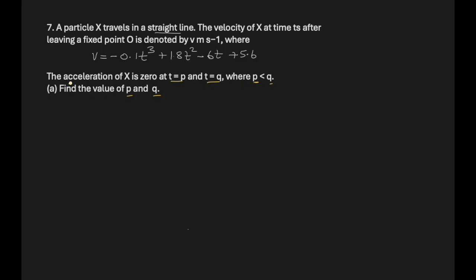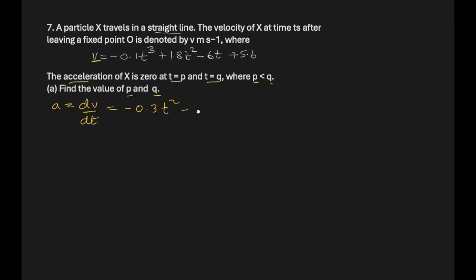So acceleration. To convert the velocity equation into acceleration, we will have to differentiate the velocity equation with respect to time. So this will be minus 0.3 t square, right? 3 multiplies with this and goes down by 1.